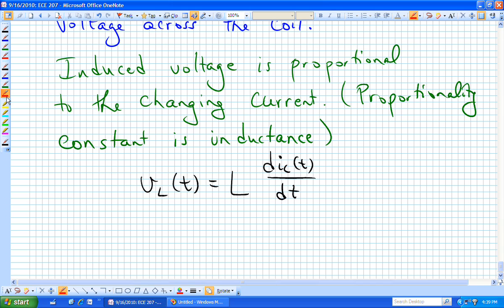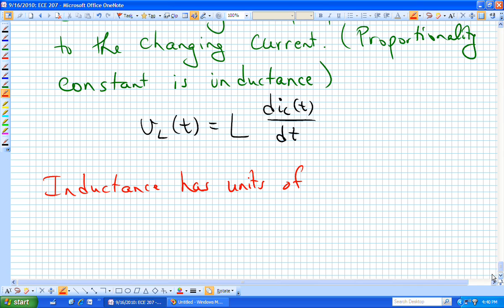And like we did for the capacitor, we can also talk about the units on this inductance. Here we have volts equaling something times amps per second.